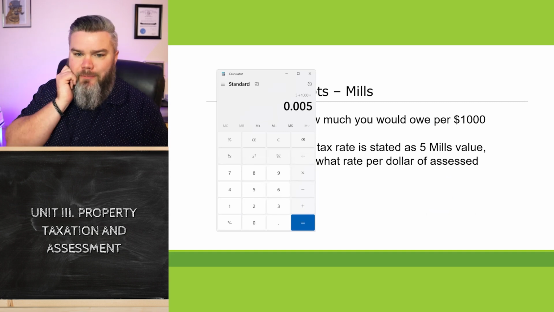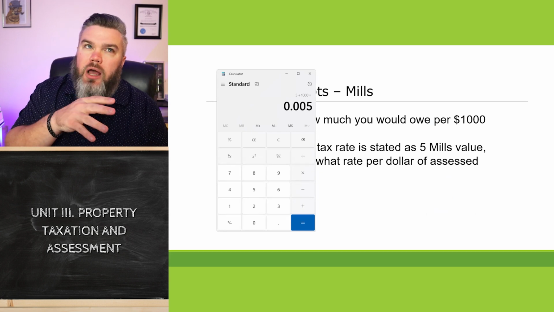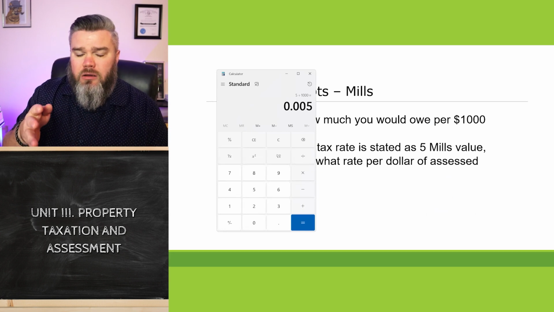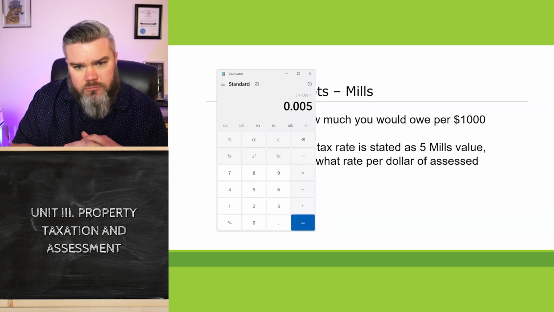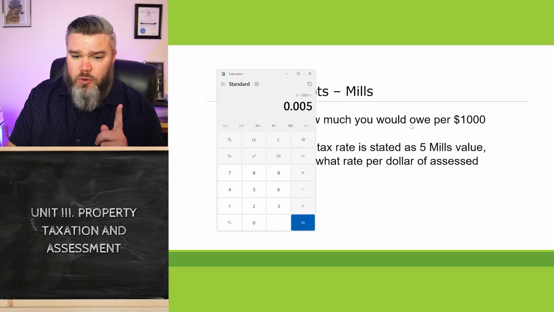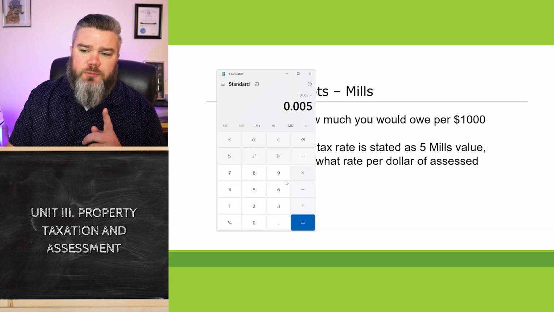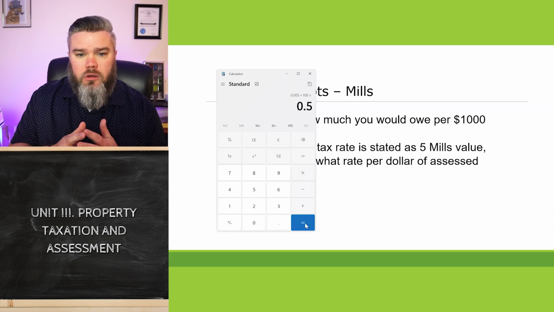Let's play another fun game. What would you multiply 1 by to get 100? 100. So now that I've found the per dollar rate, I could multiply this per dollar rate by 100, and now I've converted it into a per 100 rate.